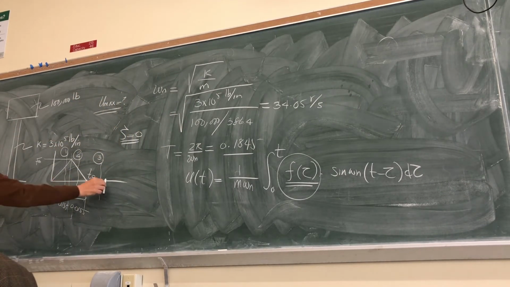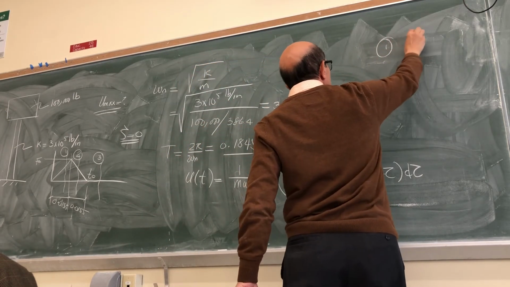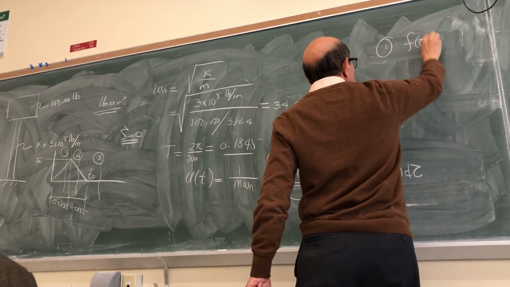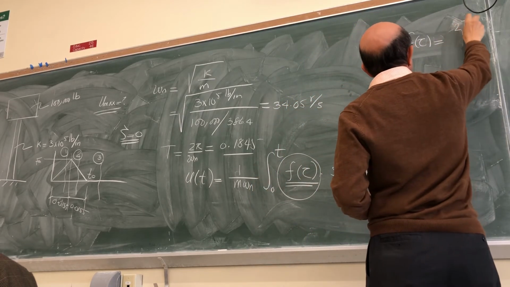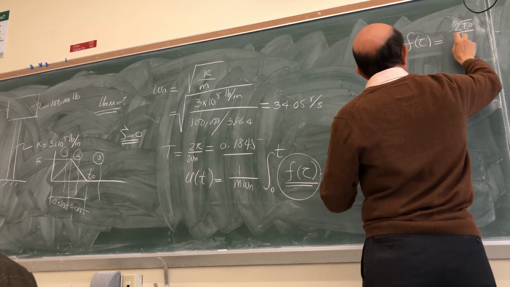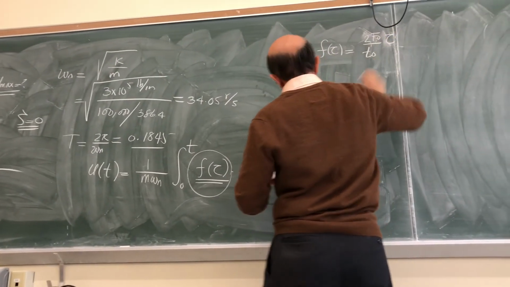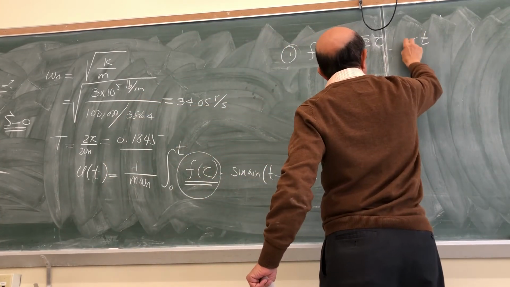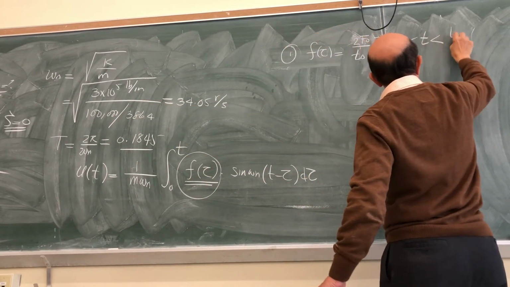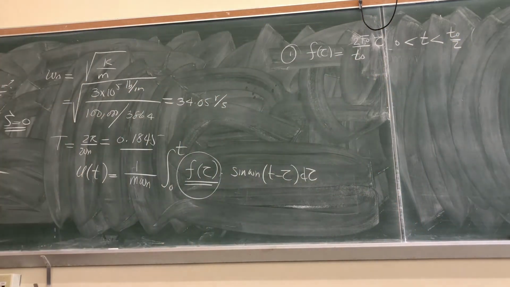As you can see, we have 3 regions. For region 1, f of tau is 2f0 over t naught times tau. This is for the case t greater than 0 and less than t0 over 2, which is here.